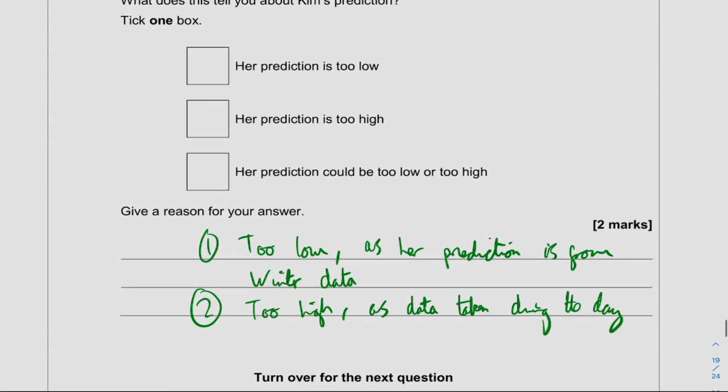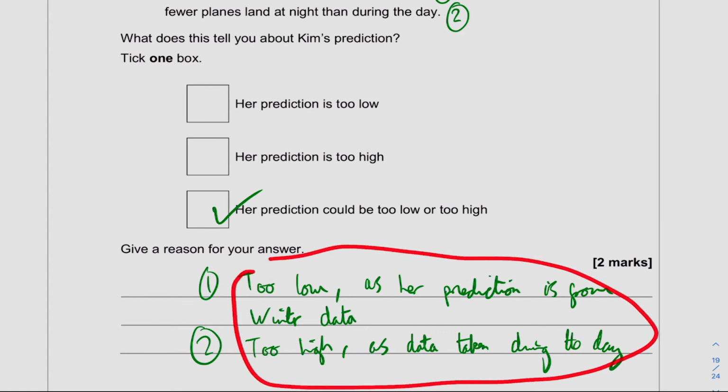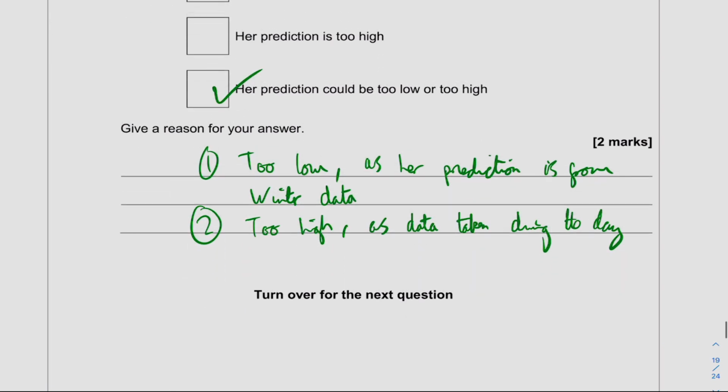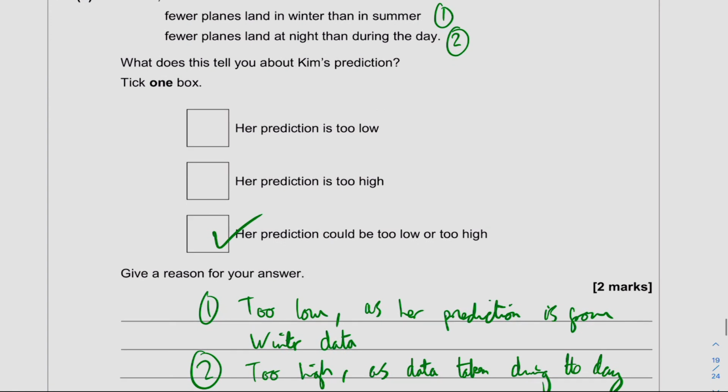So as one of our points says too low and the other says too high, overall we cannot say if her prediction is too low or too high because of these 2 points. So I just put something at the end saying, therefore we cannot say, and that will get you the 2 marks in the exam.